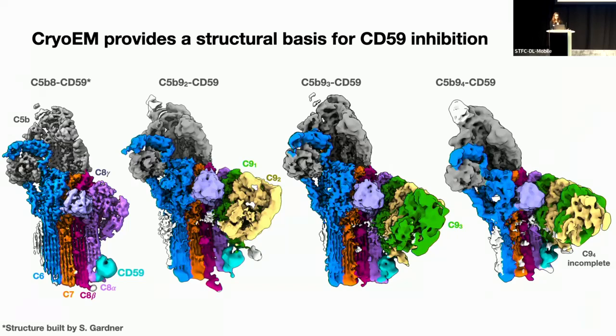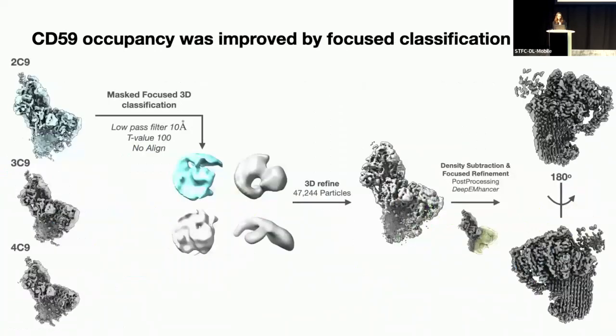And so we wanted to try to improve that so that we could unambiguously fit the crystal structure of CD59 into the density. So we did this using a similar method to what was mentioned yesterday, which is doing masked focused 3D classification with a really high T value to separate different positions of the CD59 protein.